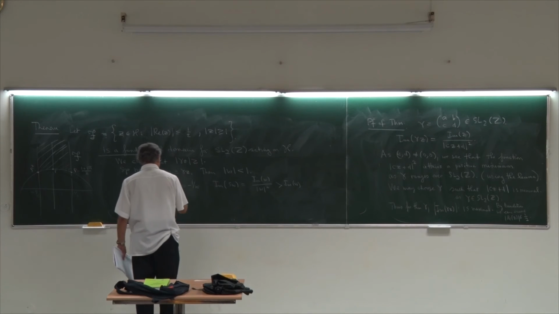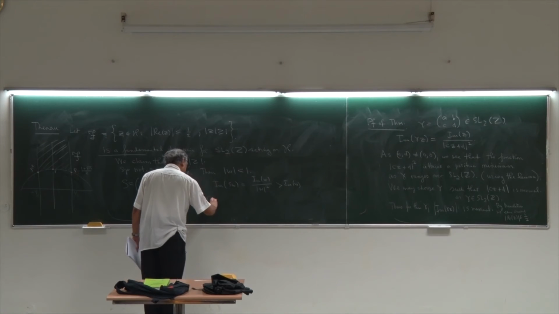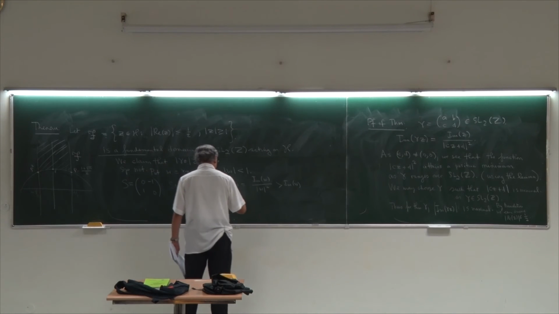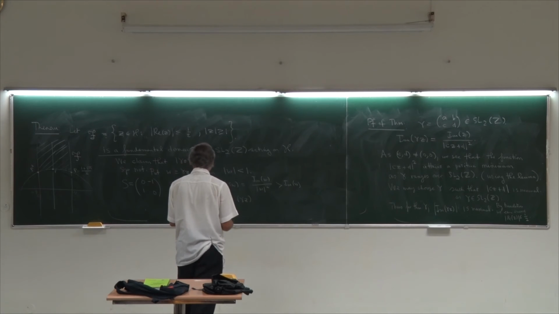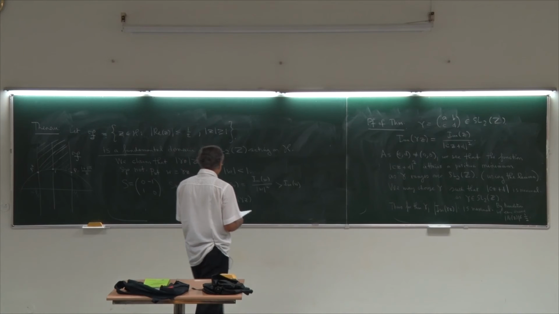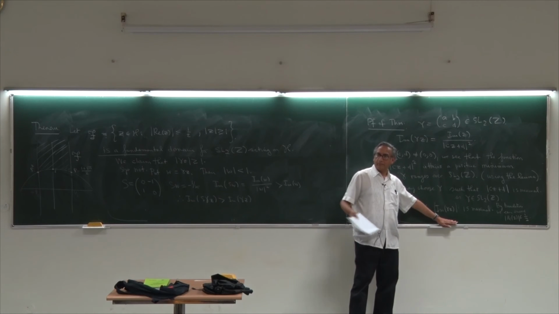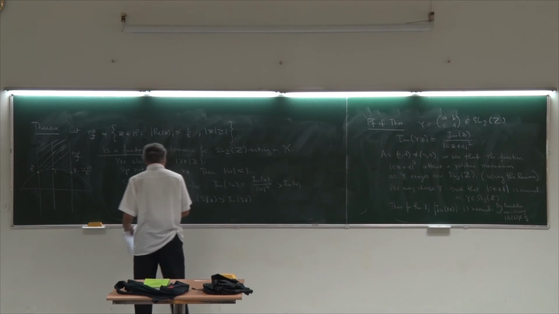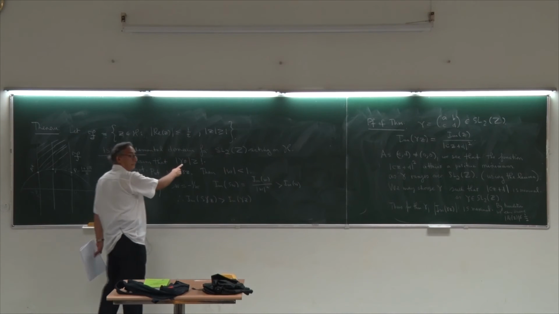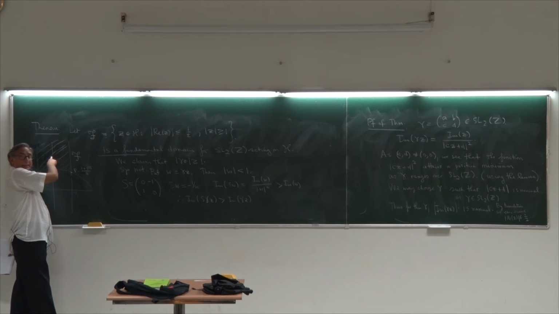Therefore, the imaginary part of S gamma z is bigger than the imaginary part of gamma z. But I chose my gamma such that the imaginary part of gamma z is maximal. That was my choice, using that little lemma. And therefore this is a contradiction, and so that point gamma z is indeed in here.